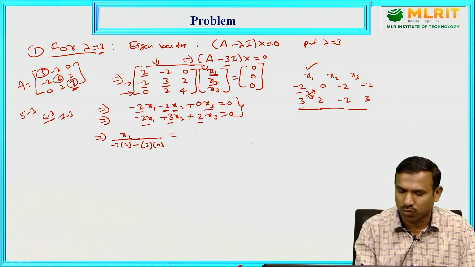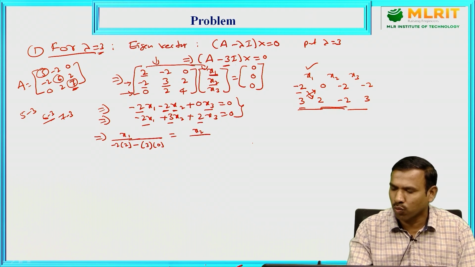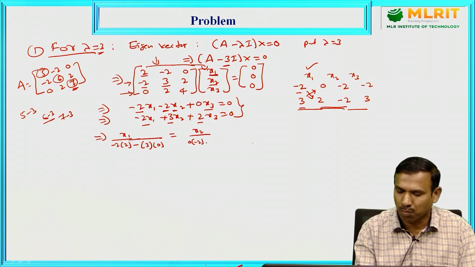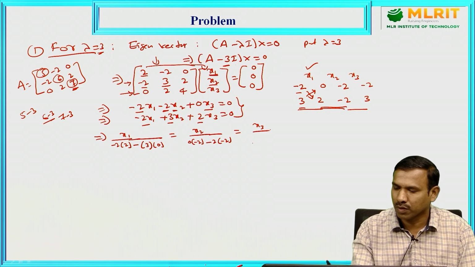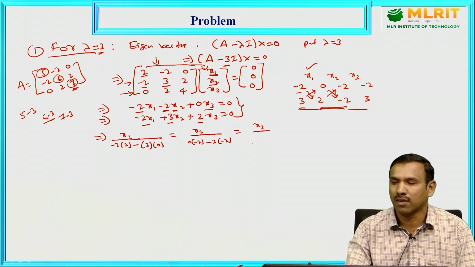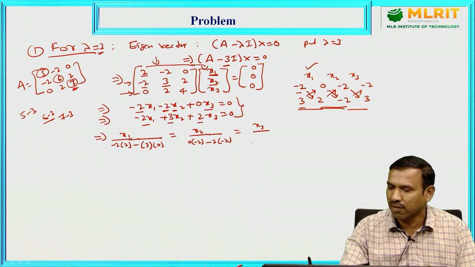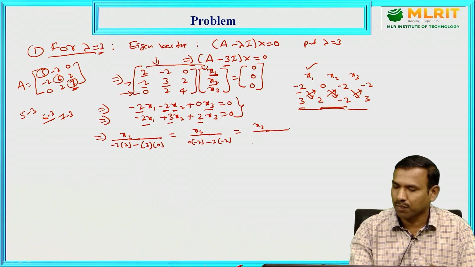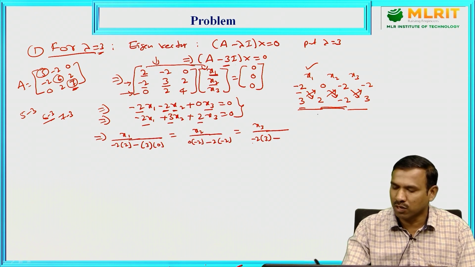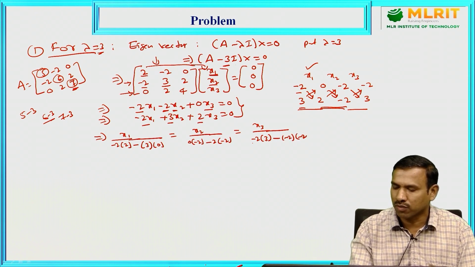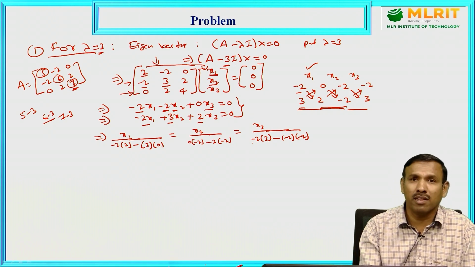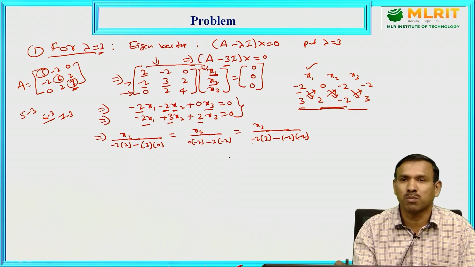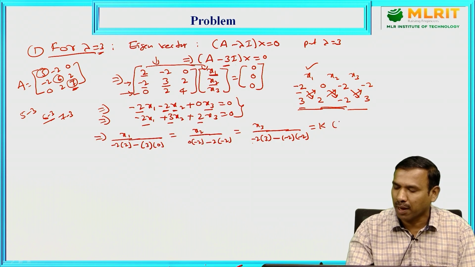Next coming to x2 by, again these two rows' determinant, 0 into minus 2, minus 2 into minus 2. x3 by, this into this minus this into this: minus 2 into 3, minus 2 into 3, minus, and this into this, minus 2 into minus 2. Since these three ratios must be equal to some constant, let us say k.